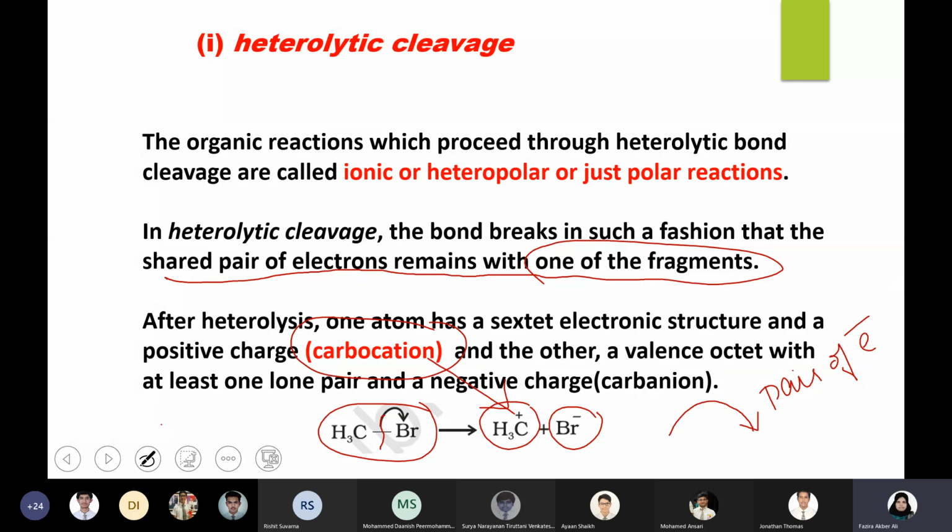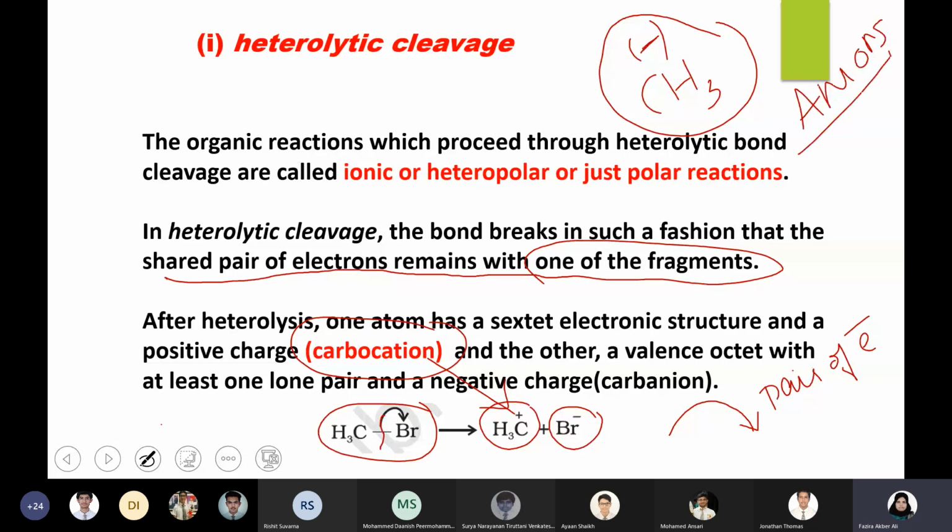And if you get a species like CH3 negative, we call it a carbanion, because it is a fragment of carbon with a negative charge. Anions mean negative ions, and carbanion means a negative fragment containing carbon. So in carbocation and carbanion, carbon is important and carries the positive or negative charge. This is formed in heterolytic cleavage.